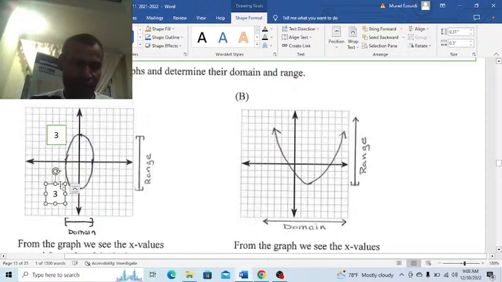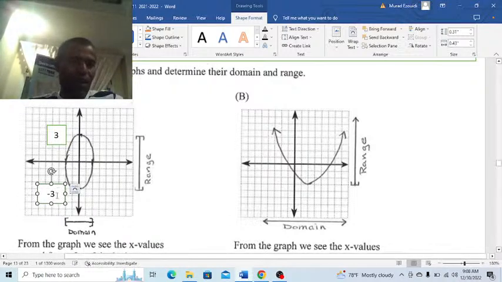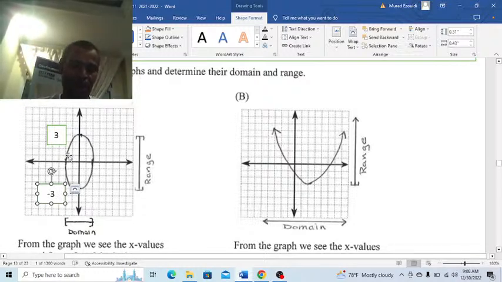Therefore the range, learners, is what? Y is more than or equal to -3 and less than or equal to 3.